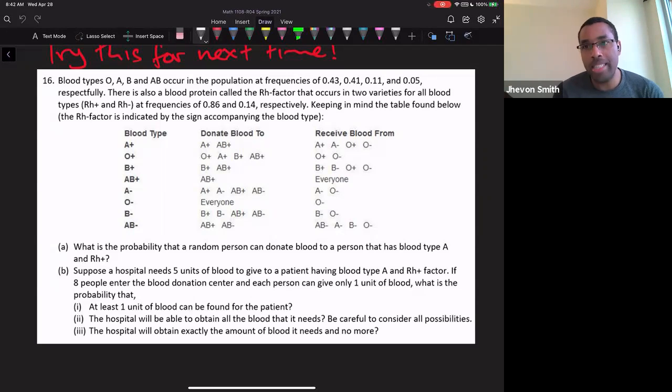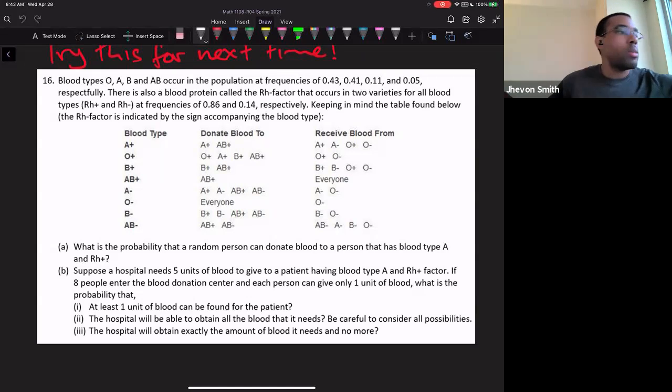You yourself, as an A positive blood type person, would be able to receive blood from an A positive, an A negative, an O positive, or an O negative, right? So that's what these charts are saying. For all the blood types, it tells you who you can donate blood to and who you can receive blood from. Okay, so now we're going to go into some questions here.